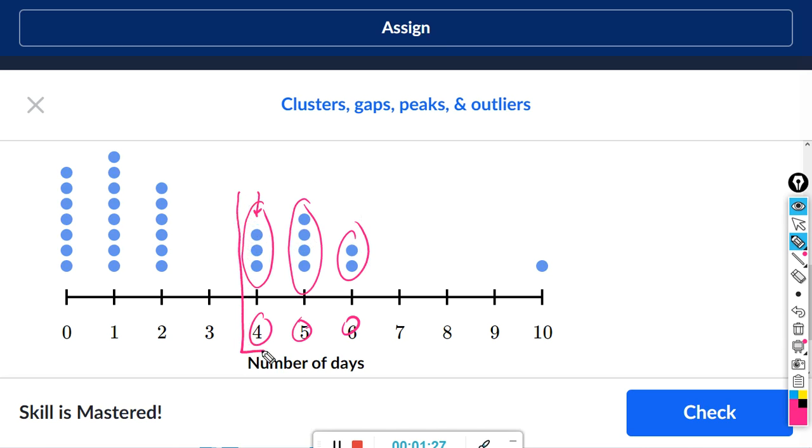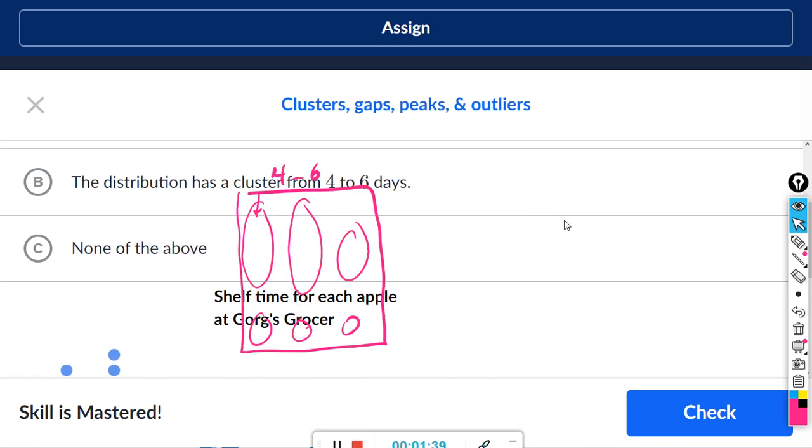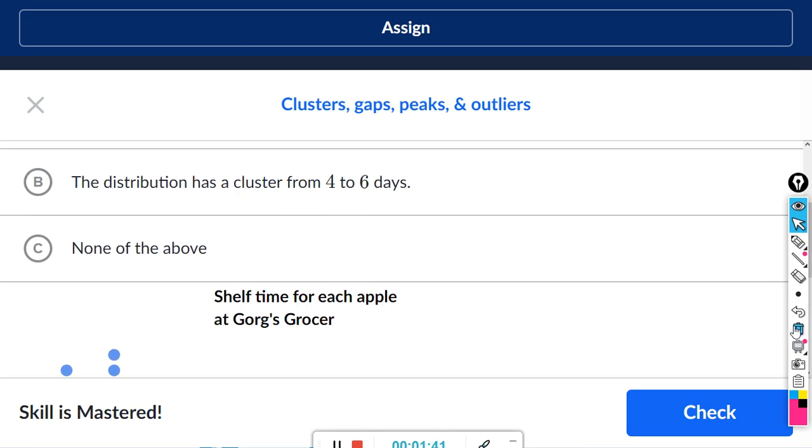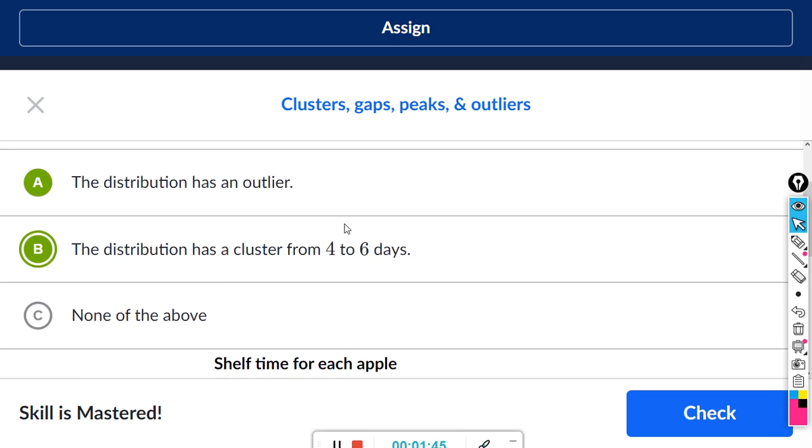So this part right here is considered a cluster, and it goes from 4 to 6. Therefore, answer B is true. So both A and B are true. Of course, none of the above is not the case.